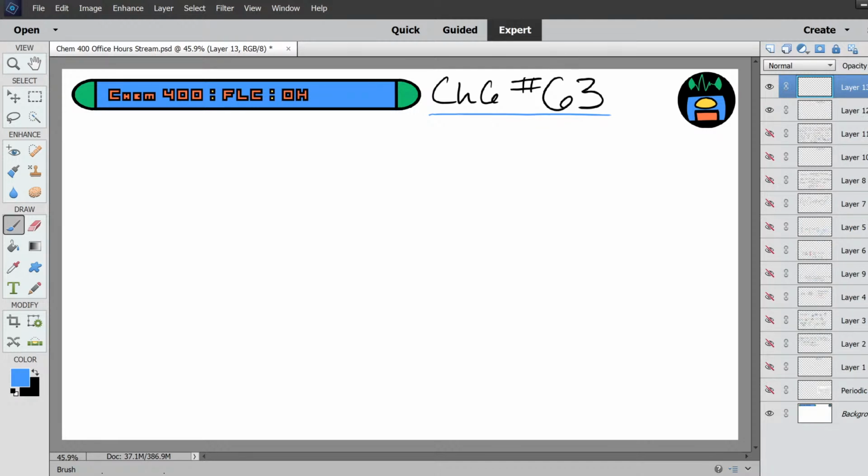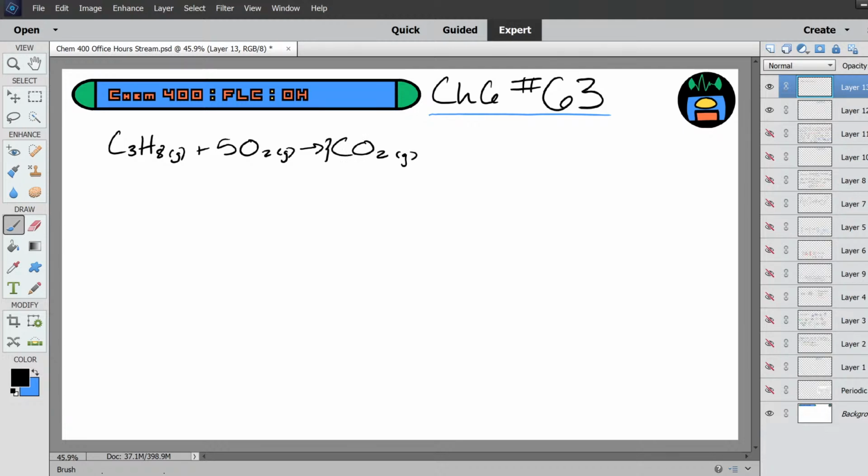All right, so let's take a look here. 63. The propane fuel used in gas barbecues burns according to the following chemical equation. So let's see here. There we've got propane, which is a gas, reacting with oxygen gas to produce carbon dioxide.